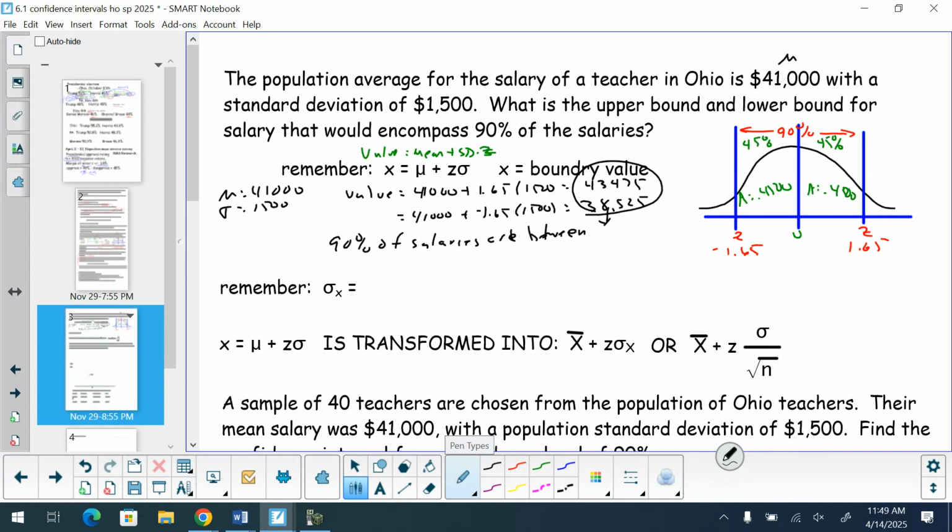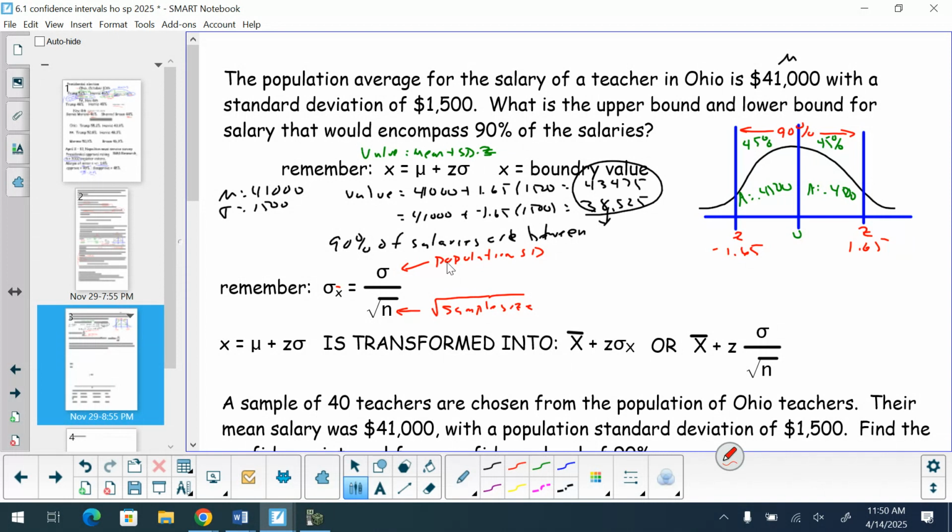Now remember though, when we were dealing with our sigma for the population mean, and we're talking about a sample size, how we calculate our sigma for our sample size was taking our population standard deviation divided by the square root of sample size.